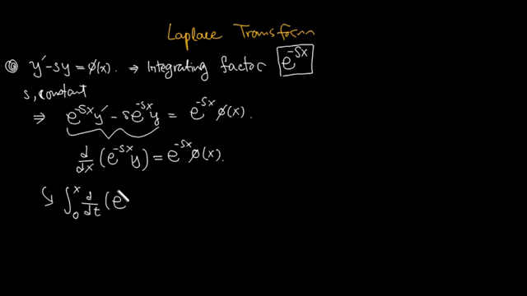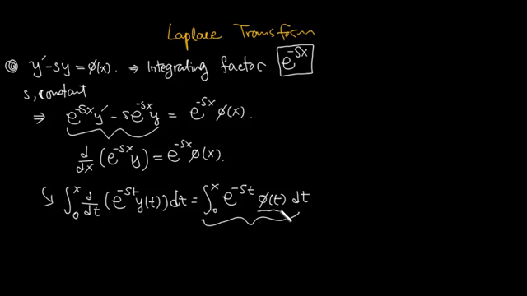Next thing we do is integrate from 0 to x, switching everything to dt, e to the negative st, and here is a function in terms of t, so it's y prime of t dt. And we do the same thing to the right side, integrating from 0 to x of e to the negative st phi of t dt. Since we don't know much about this phi of t, that's going to be the expression we use.